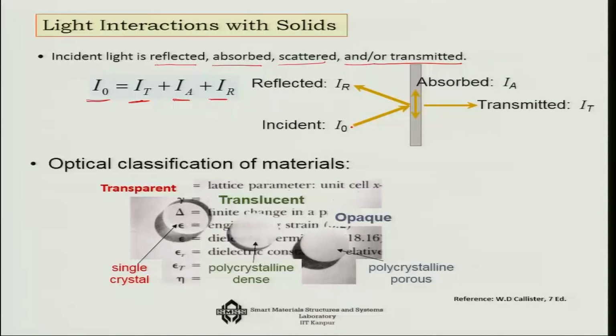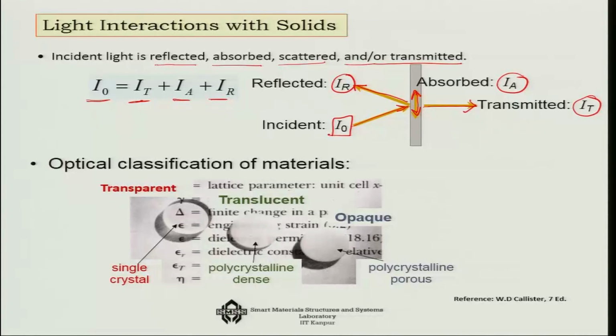Some part of the light may get reflected, that is IR. Some part of the light may get absorbed inside. It may not be absorbed for a very long time; we will see that sometimes it absorbs and then it emits. And some part of it may get transmitted, that is our IT part. Absorbed is IA and reflected is IR, whereas the incident is I0.